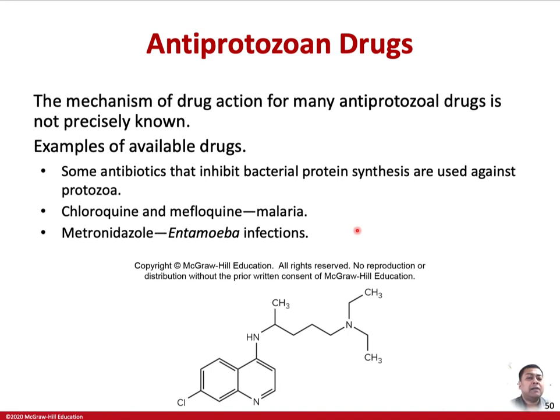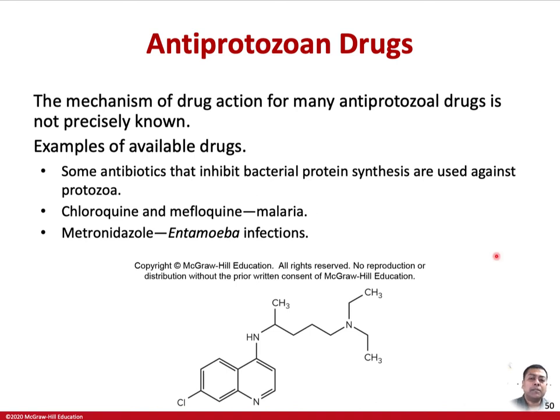Clindamycin or paromomycin binds to the ribosomes in these organelles and inhibits protein synthesis. These are effective against Toxoplasma gondii, against Cryptosporidium. They are good against Plasmodium as well, but it is not one of the main therapies used. Chloroquine, mefloquine, or artemisinin are more common drugs for malaria.